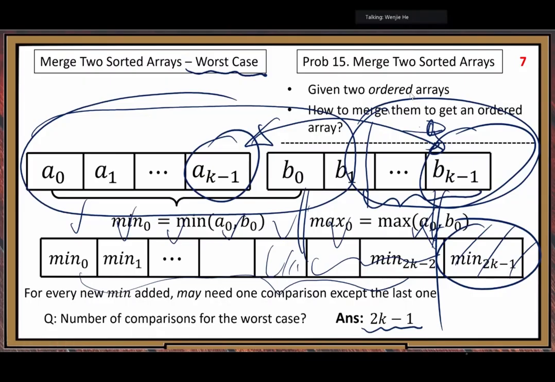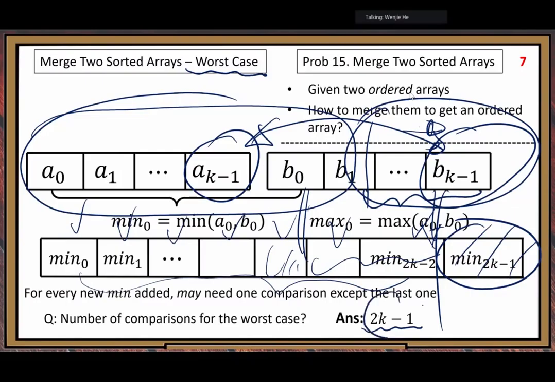The first subarray has k elements. The second subarray also has k elements. The total number of elements in these two subarrays is 2k, but you do not count the last element put in place.